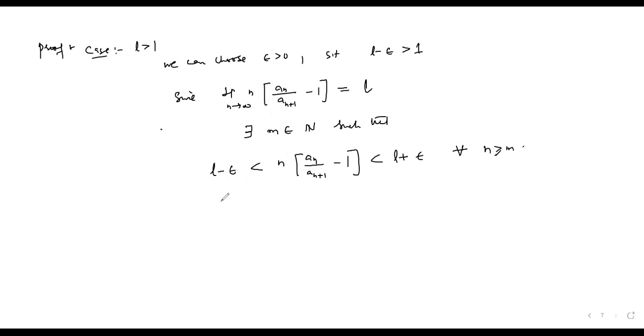Right? So which means that we only need this part, so I just write only that side of the inequality for this case. This is bigger than L minus epsilon for all n greater than or equal to m. So that would give us, let's call this alpha.